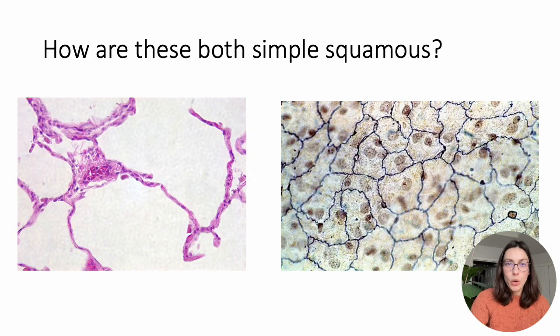One of the toughest jobs is to recognize from different perspectives what these tissues look like. So this is simple squamous. How are they both simple squamous? Well, on the right-hand side, you have a head-on view. You're looking just from the top. So they look like the ground in the desert.